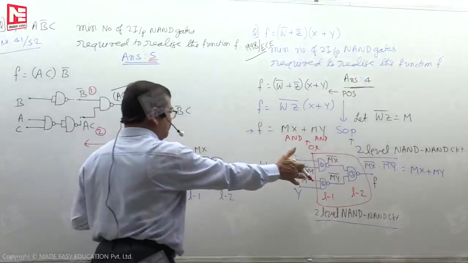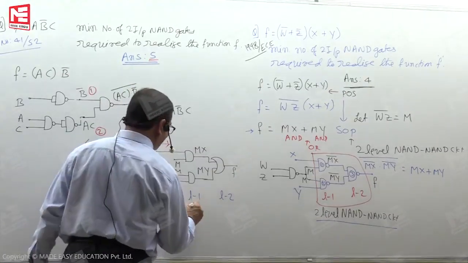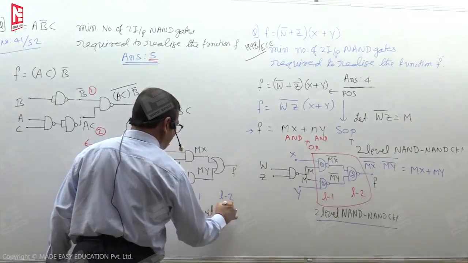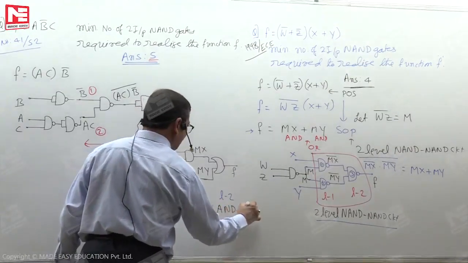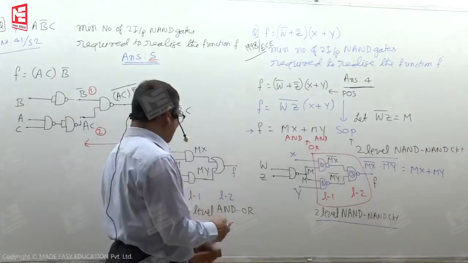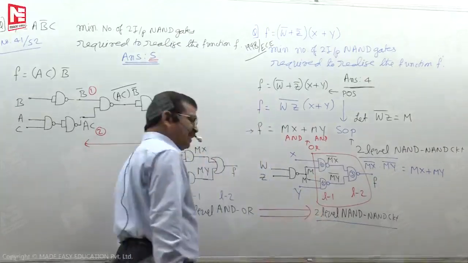So this is a 2-level NAND circuit. It must be named a 2-level AND-OR. So from this you have a conclusion: a 2-level AND-OR can be replaced with a 2-level NAND circuit.